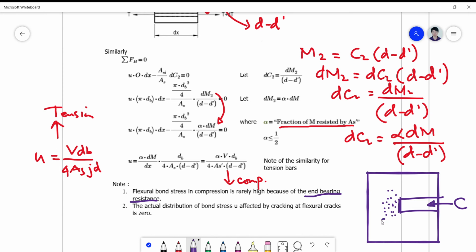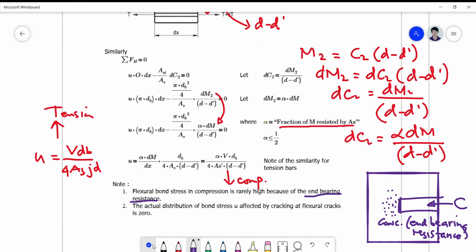So the concrete particles here will have an end bearing resistance. Therefore, your bond stress is relatively higher than is computed on this basis.